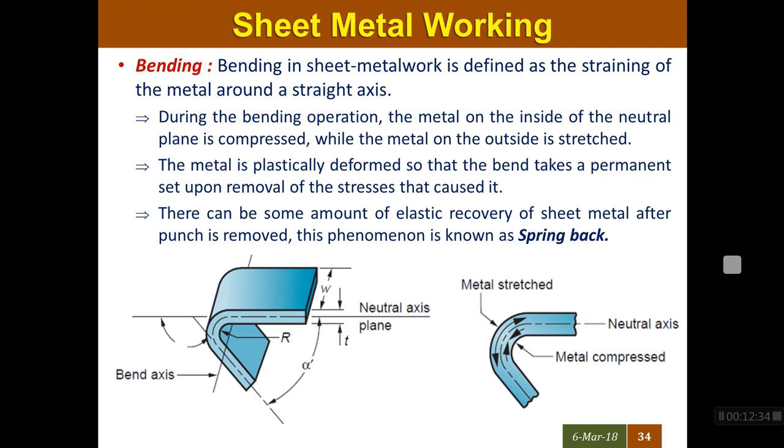That elastic recovery is called spring back. So to avoid spring back, we may use a slightly lesser angle for the punch and die by considering this spring back effect.